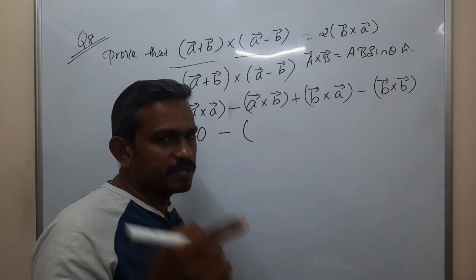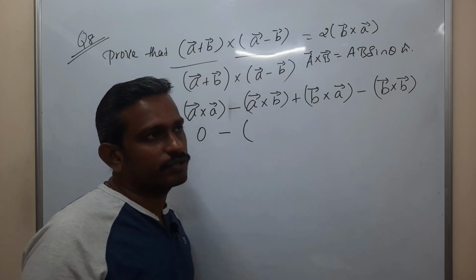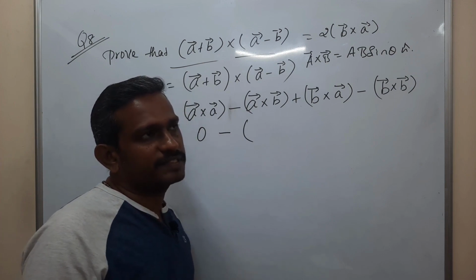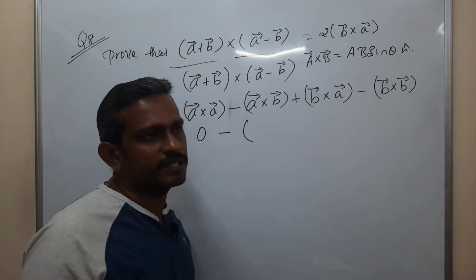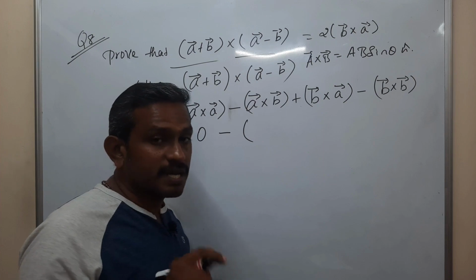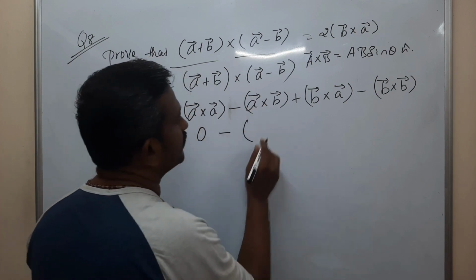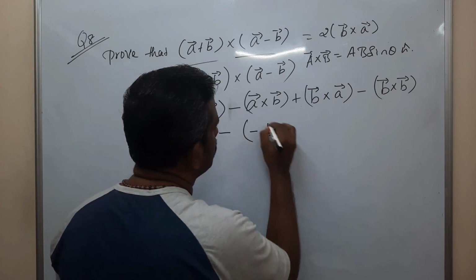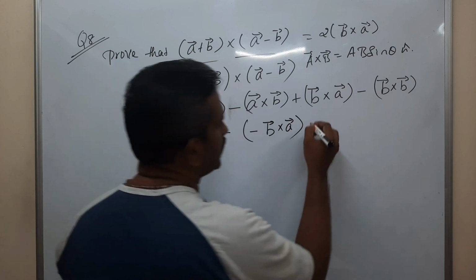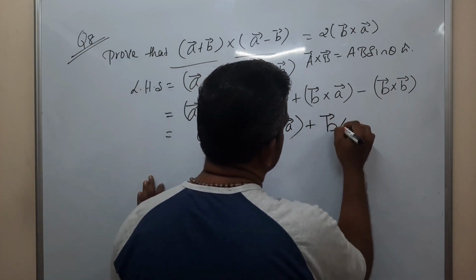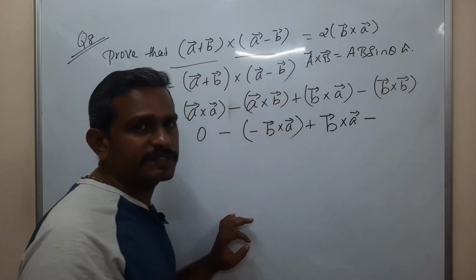A vector cross B vector is equal to minus of B vector cross A vector. That is the anti-commutative rule we have studied. So I am writing A vector cross B vector as minus B vector cross A vector, plus B vector cross A vector, minus B vector cross B vector, which is again 0.